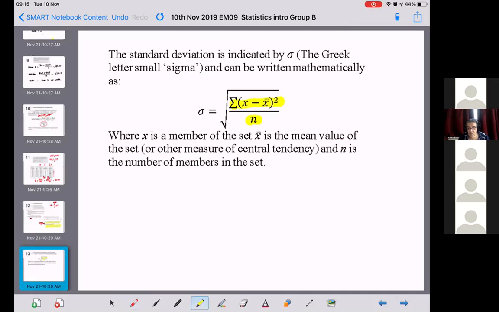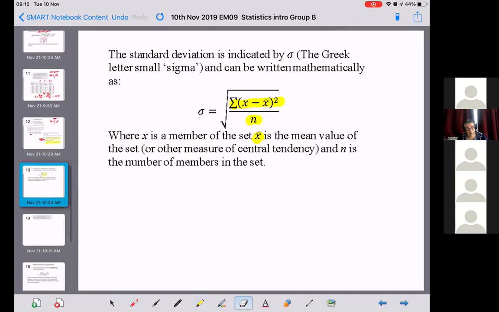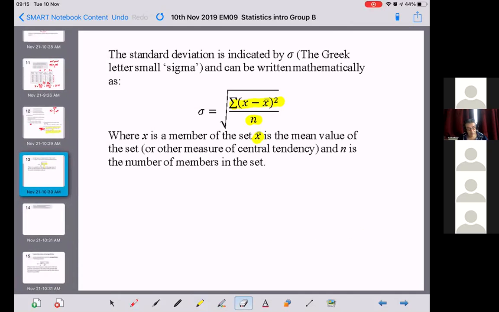Remember, at the moment we're talking about discrete data, ungrouped. Here X is a member of the set, X bar is the mean value of the set or other measure of central tendency, median or mode, and N is the number of members in the set. Hopefully on the next slide, there's an example that will help make that clearer.